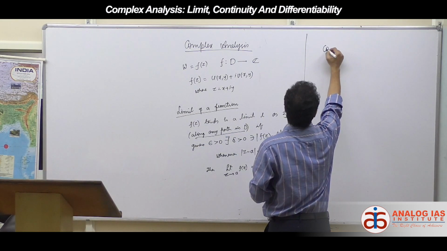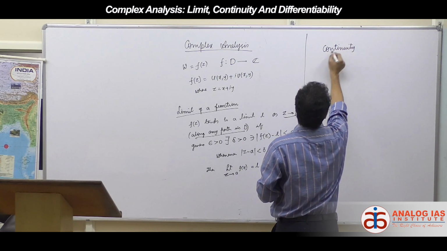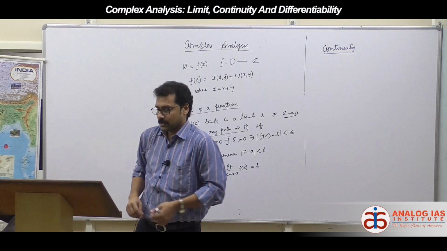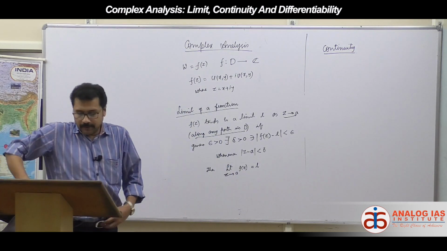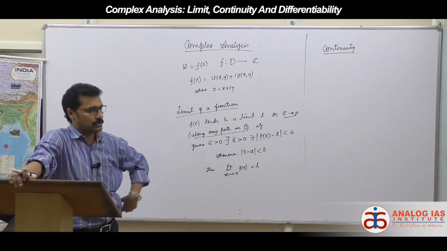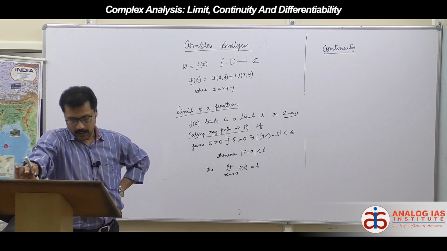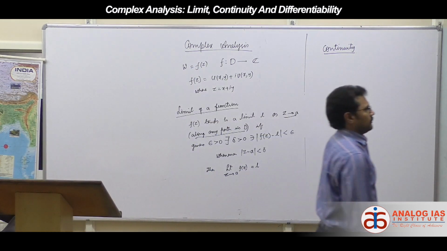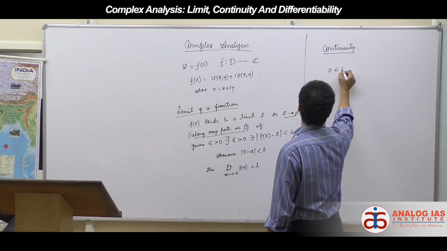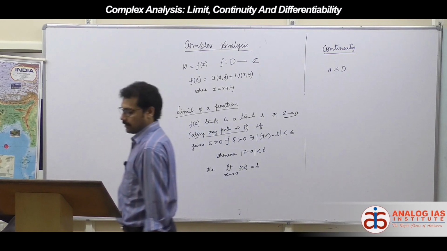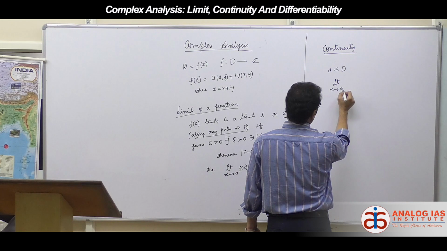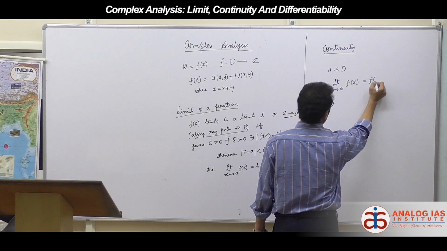Continuity. A function w = f(z) defined on a closed and bounded domain D is said to be continuous at a point A belonging to D if the limit as z tends to A of f(z) equals f(A).